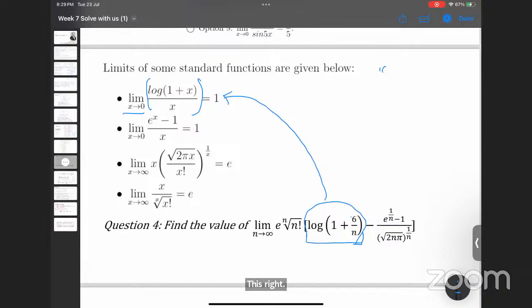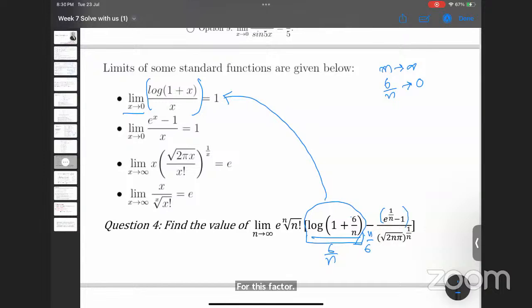So if n tends to infinity, then 6 by n will be tending to 0, right? So we can bring this function in this way. For this, we have to balance this function as 6 by n, and here again n by 6, right?